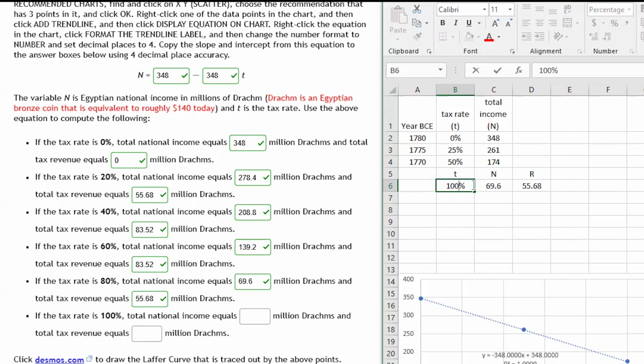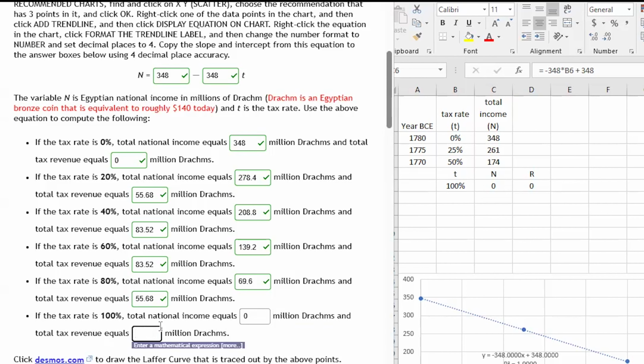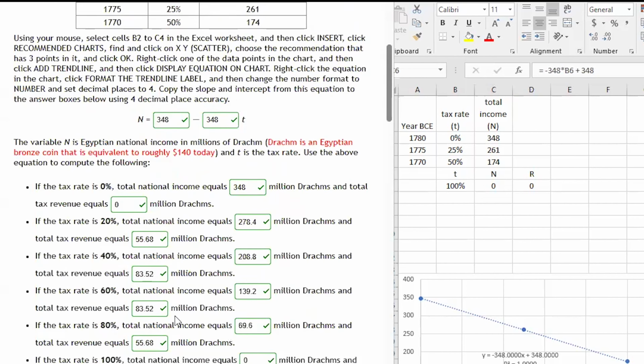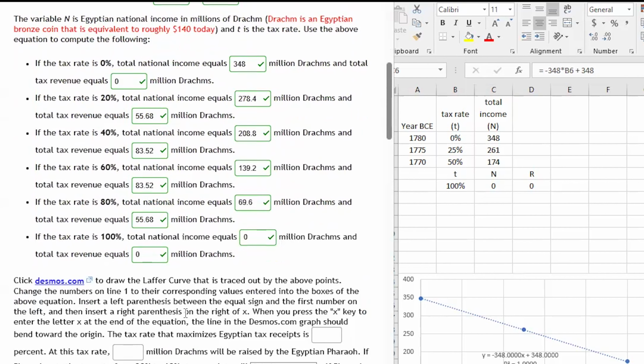So there's zero official commerce in the kingdom. As a result, since no exchanges are being made in the economy because they don't want to pay this 100% tax, you're going to have zero income on the official books and zero tax revenue. People need to eat. People need to buy stuff. So what's probably happening here is this 100% tax rate has driven all commerce under the table.